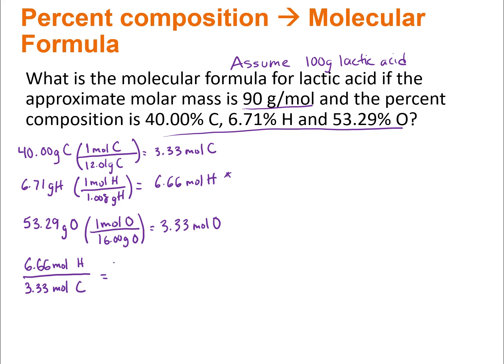Exactly, Kierman, it's 2. That means that we have 2 moles of hydrogen for every 1 mole of carbon. So what that looks like is if you have 1 carbon, then you've got 2 hydrogens. The oxygen is the same, but I'll write it out anyway, just for clarity's sake.